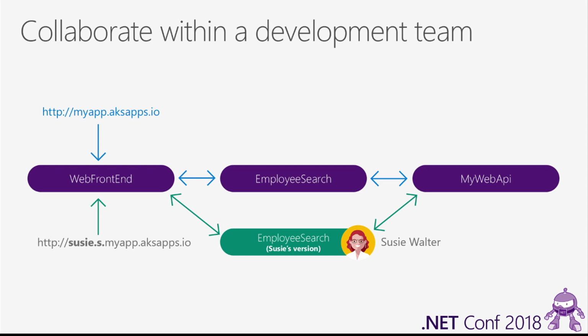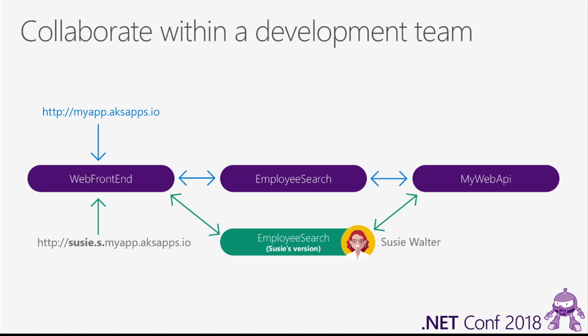In this case, there is no copy of Web Front End running in Susie's space. So DevSpaces will direct that request to the Web Front End service running in the team space, in the default space.